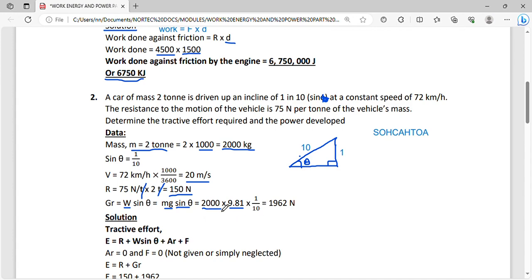So we have 2000 by 9.81 by 1 over 10, meaning whatever number we get after multiplying 2000 by 9.81, we just divide it by 10. Does it give us 1962?